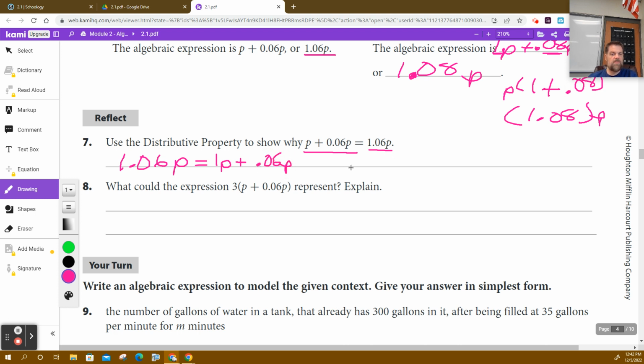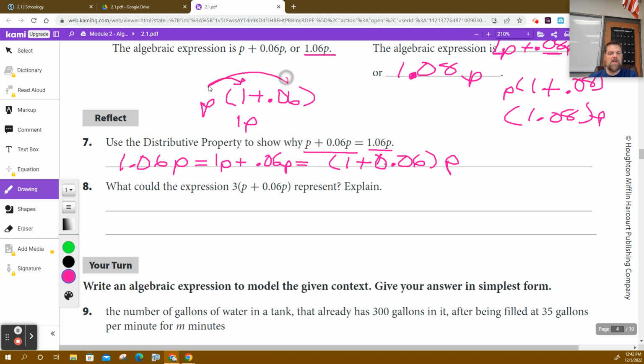But really what they're doing is they're factoring out the P. So I'm going to say 1 plus 0.06 times P. In other words, if I write this over here, if I say P times 1 plus 0.06, when I go to distribute this, what's P times 1? 1P.